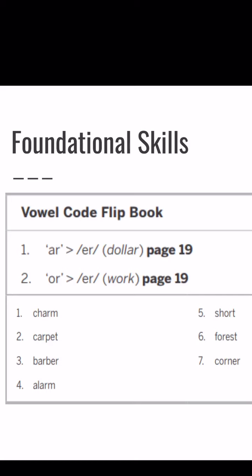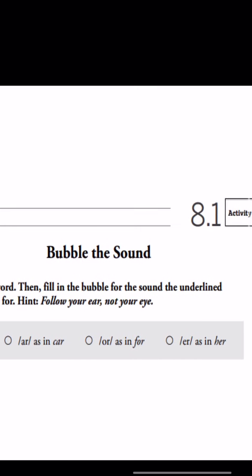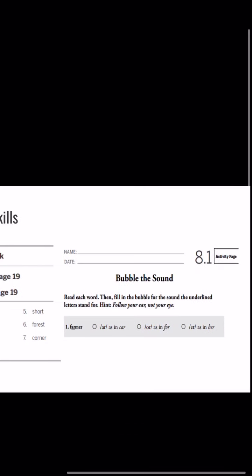Okay, let's look at number 1. We have charm. 2, we have carpet. 3, barber. 4, alarm. 5, short. 6, forest. And 7, corner. Okay, let's take a look at what we're going to do on activity page 8.1. You're going to bubble in the sound that you hear.